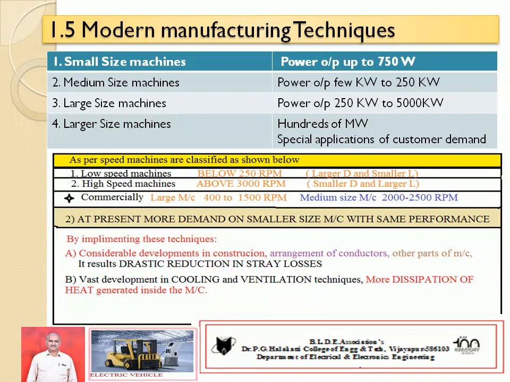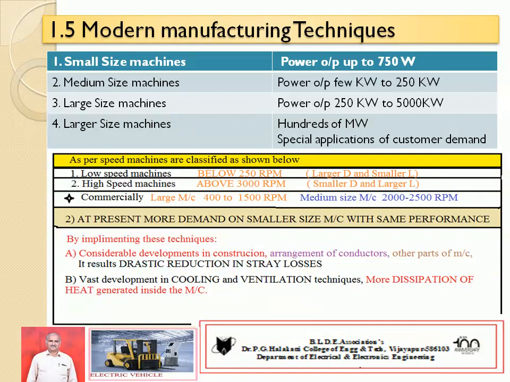Larger size machines have output power varying from 250 kilowatts to 5000 kilowatts. These are the broad classifications. Still larger size machines are also an option, available in the range of hundreds of megawatts. For some special applications, these machines are designed as per the customer's demand.